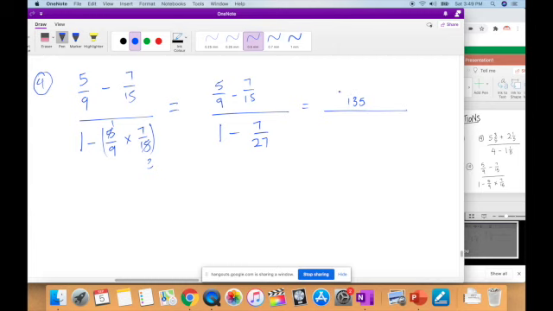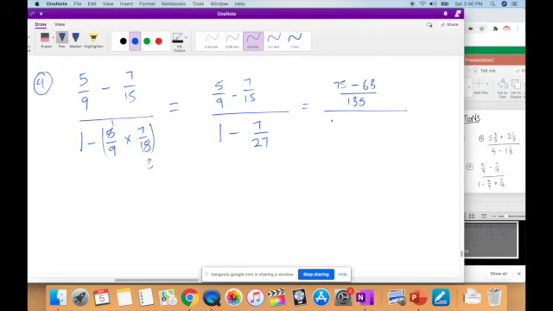Yeah, I thought about that, but I was like, no. Literally, the generalization that I showed you works for everything, so you don't even have to think about anything else. And then over 135, and then I go 5 times 15, which is 75, minus 7 times 9, which is 63.